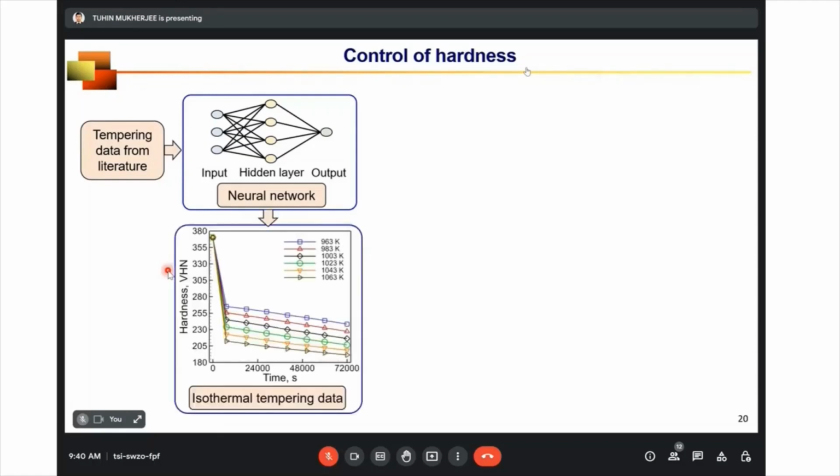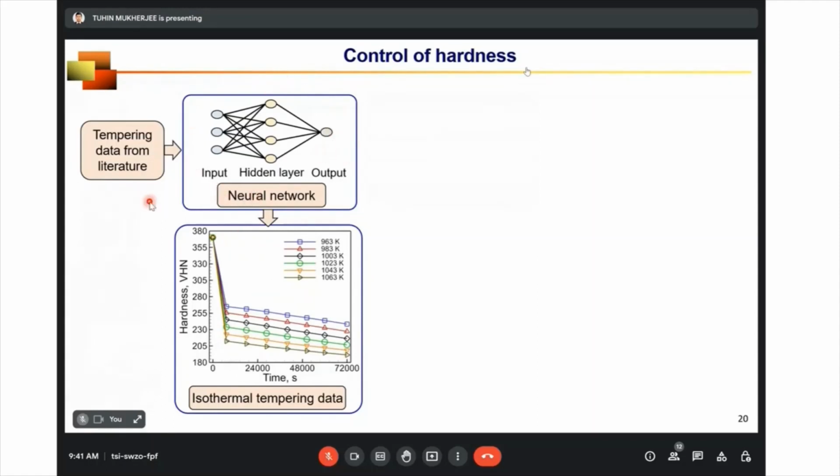What we need to do is generate tempering data, which is nothing but variation of hardness with respect to time for different aging temperatures. Now, for all materials, it's very difficult to generate the database. So an alternative is to take the data-driven approach.